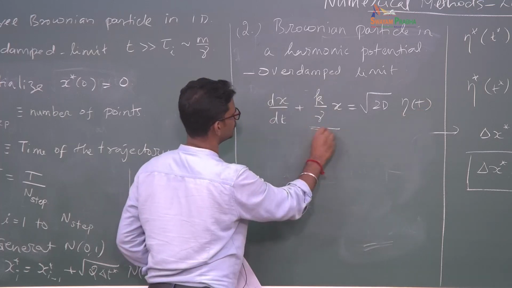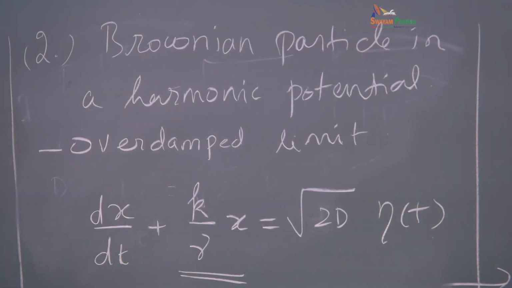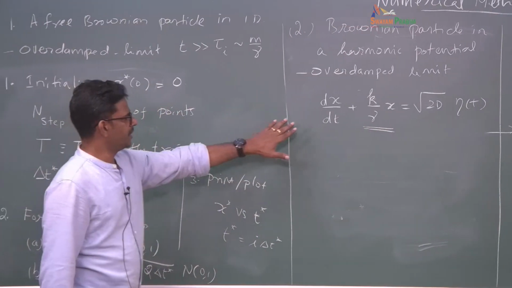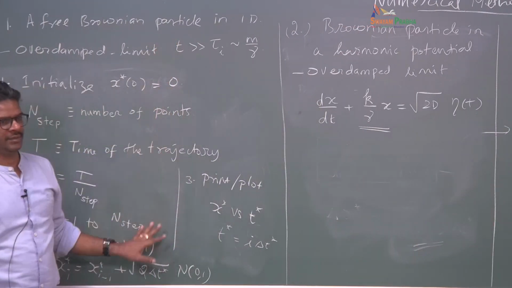So this is the additional term that comes because of the harmonic potential, which is confining the particle within the potential well. This is also dimensional, just like the previous case.